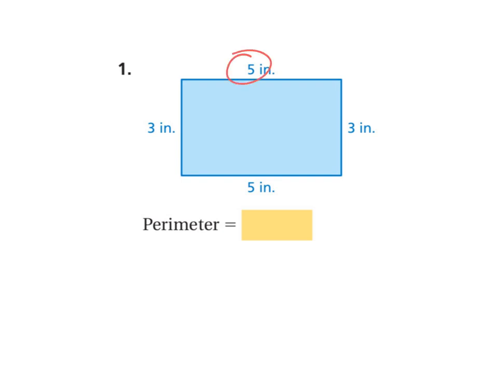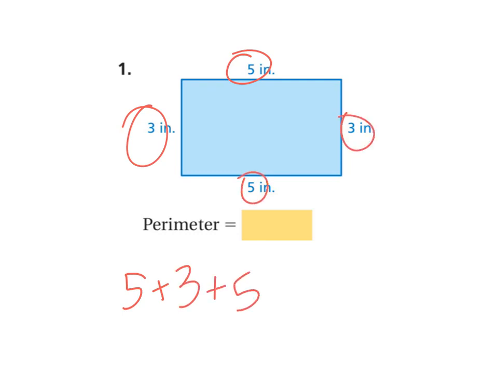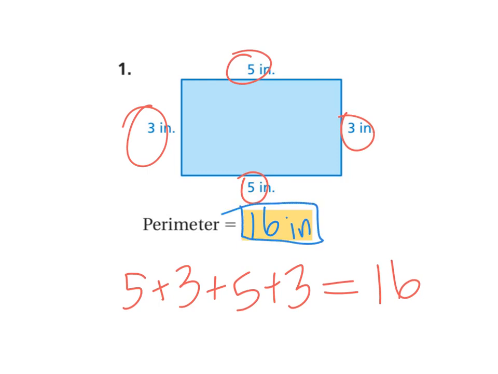So 5 plus 3 plus 5 plus 3. 5 plus 3 is 8. There's another 5 plus 3, so 8 and 8 would be 16. So the perimeter of this rectangle is 16, and then you need to label it inches. 16 inches. Again, you're just adding up all the sides. Let's try another one.